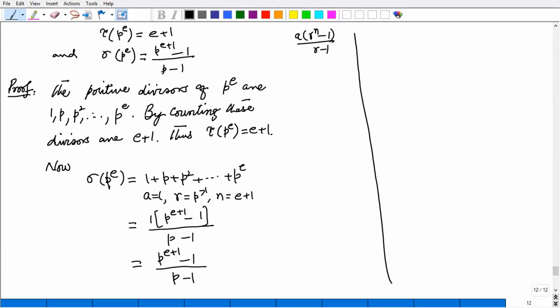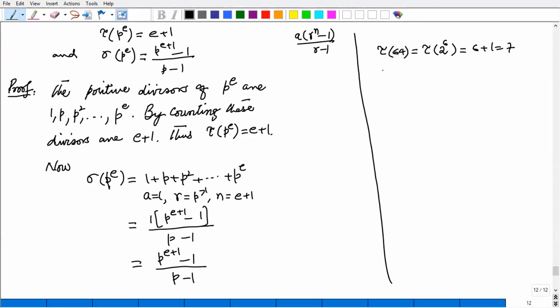So by using these results, we can easily find the tau and sigma of any number which is a power of prime. For example, tau of 64. This can be written as tau of 2 to the power 6, so e is 6 here. So 6 plus 1 means 7.